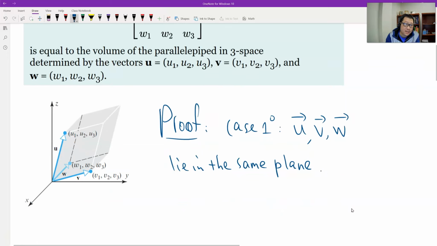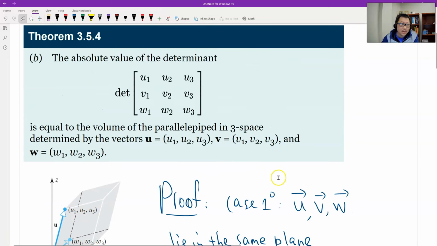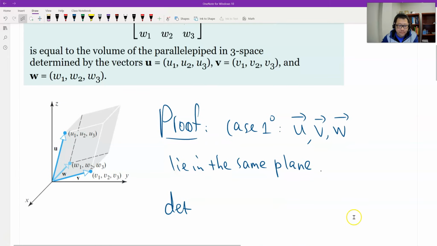In this case, what do we have? We can calculate it. What's the determinant in this case? Let me say the matrix is A. So this is the determinant of the matrix A. Therefore, we can calculate that the determinant of A equals 0.